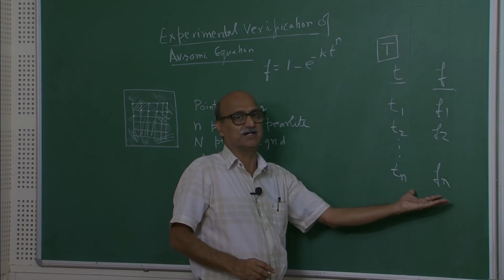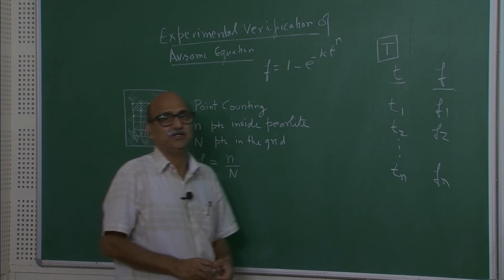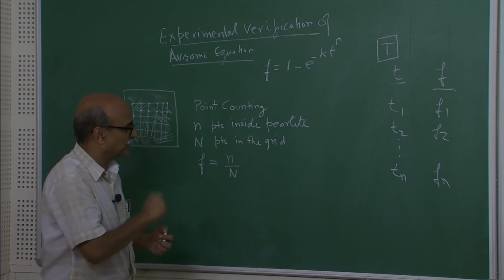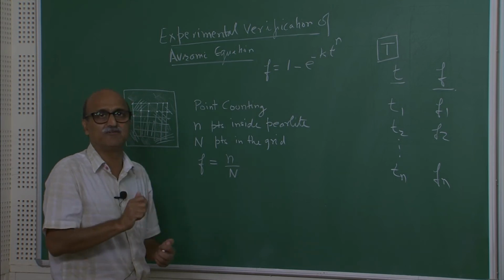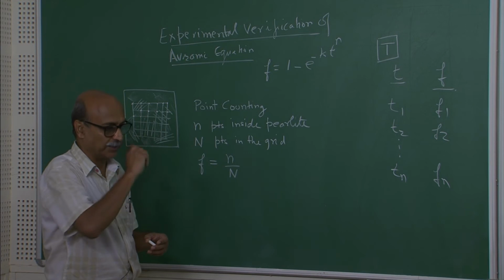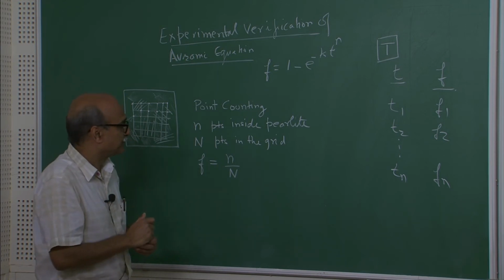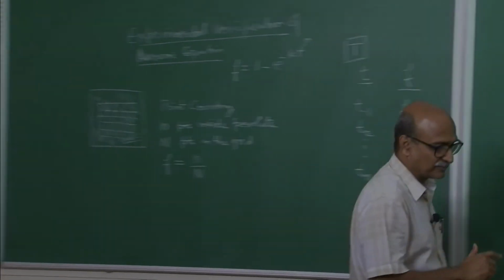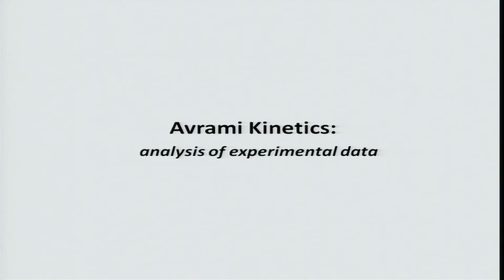Now, this data needs to be analyzed using the Avrami relation. So, the next thing we need to look at is how we analyze this data. Let us first see what we mean by analysis: we want to analyze Avrami kinetics, which means we need to analyze the experimental data that we have collected.